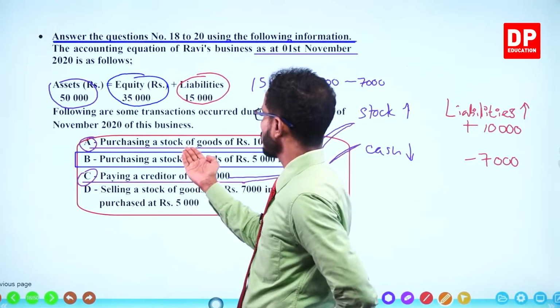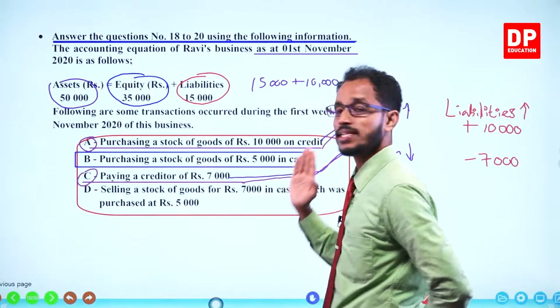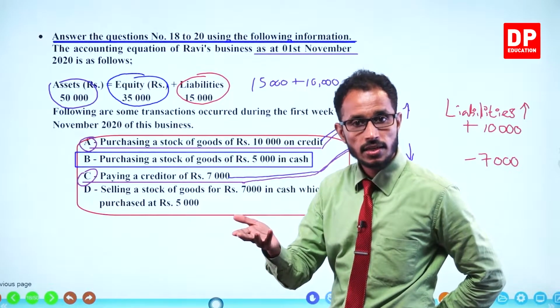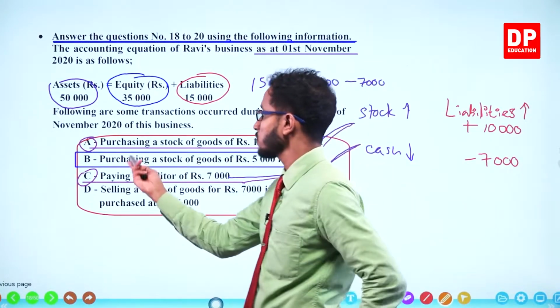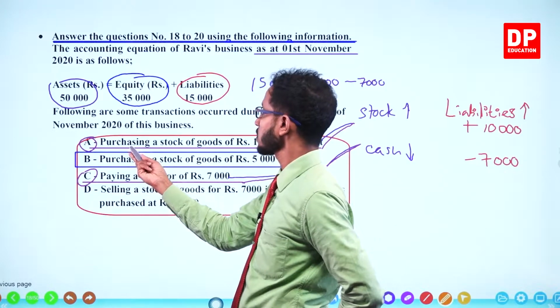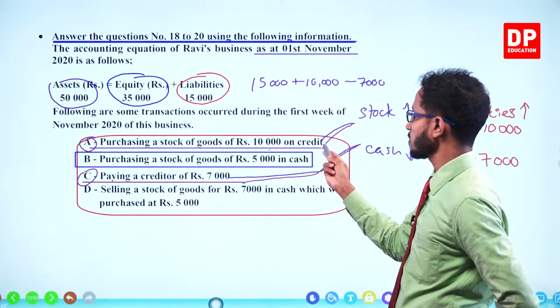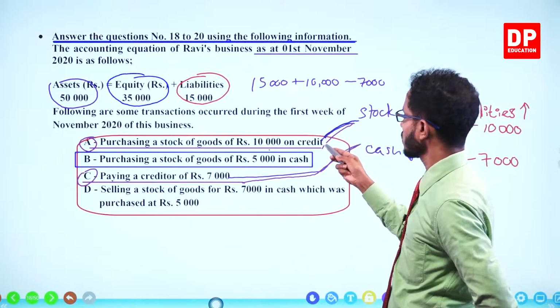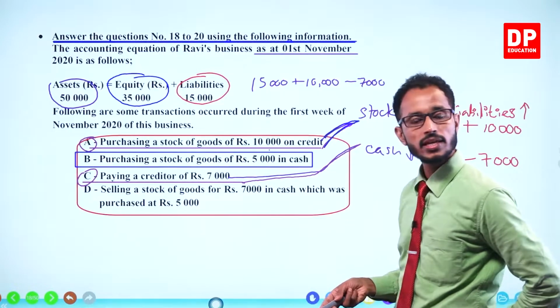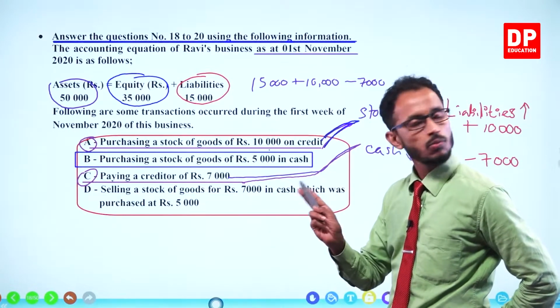Purchasing a stock of goods, 10,000 on credit. Does that affect equity? No, it doesn't.